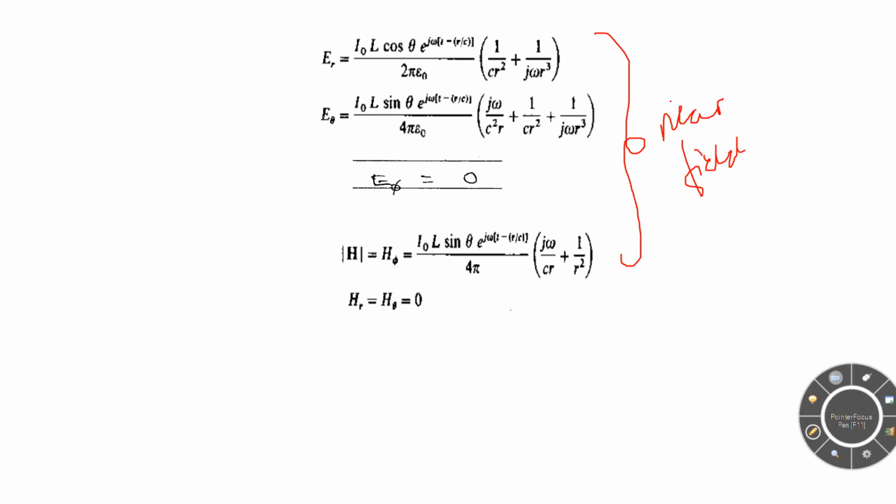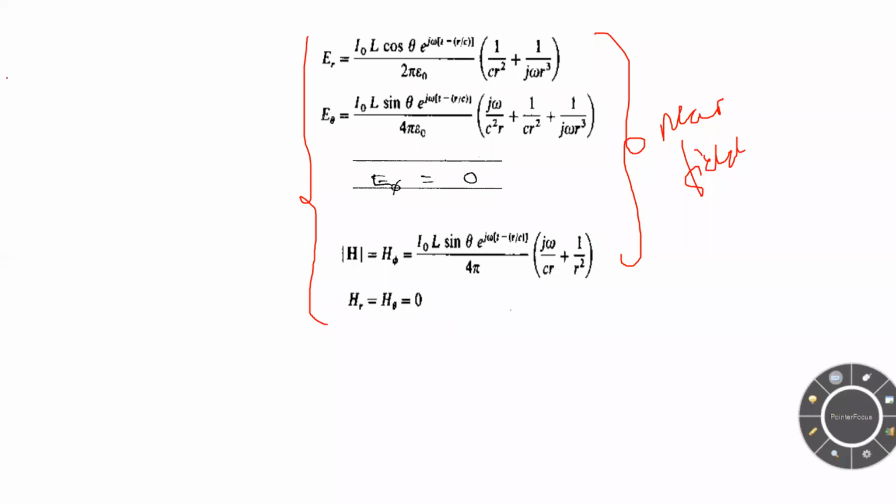Now, what about the far field components over here? These equations are actually relevant to near field components.